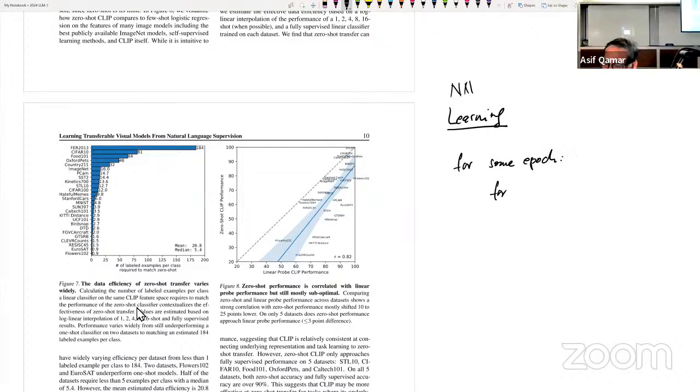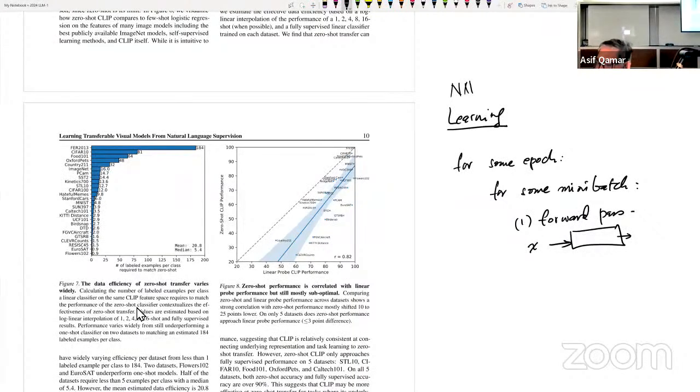For some mini batch, you have a little mini batch of data. You do one forward pass, which in your case is, you give that image or whatever you want to give, and out will come, in this particular case, your hidden state.